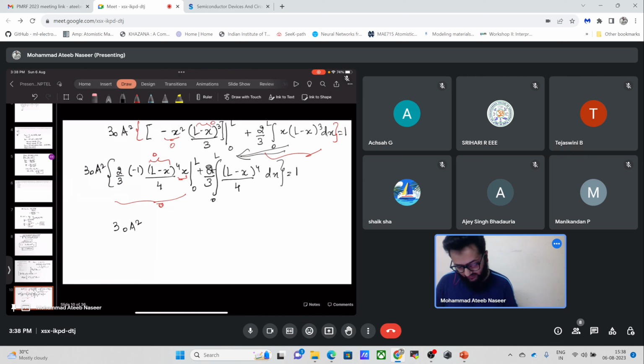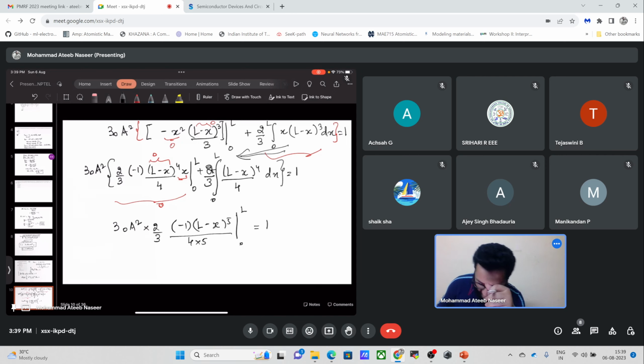So this is into 2 by 3, times minus 1 times (L minus x) to the power of 5 divided by 4 into 5, with limits between 0 to L, equal to 1. So I guess now it is correct.